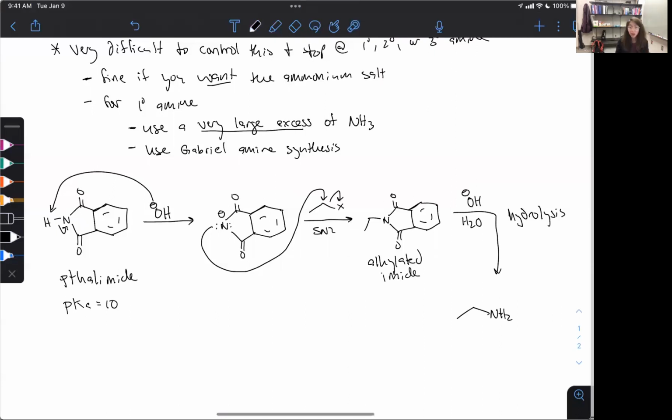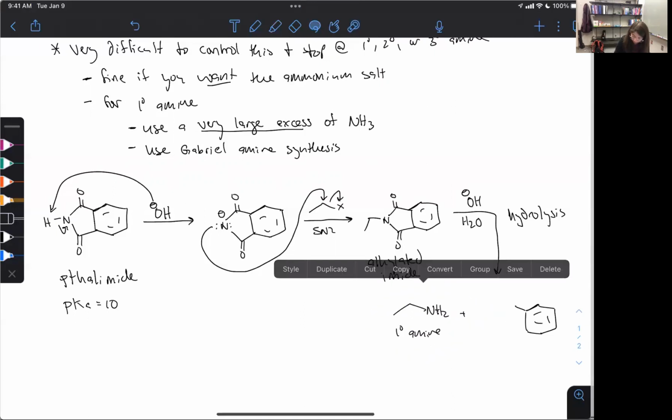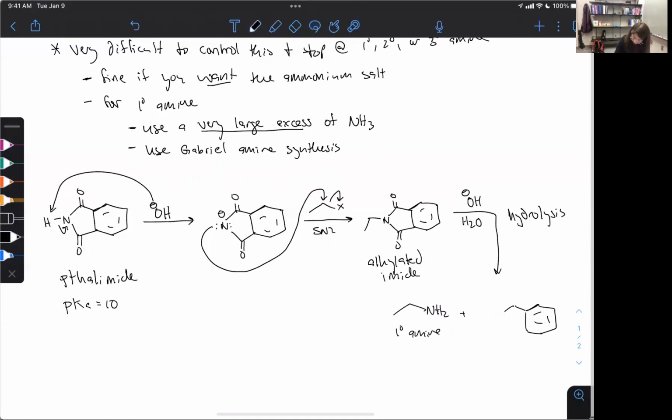But we're just going to be essentially chopping off that amine that we've made, our new primary amine. And then we're also getting this dicarboxylate. Okay, so we're going to end up making that dicarboxylate as well.